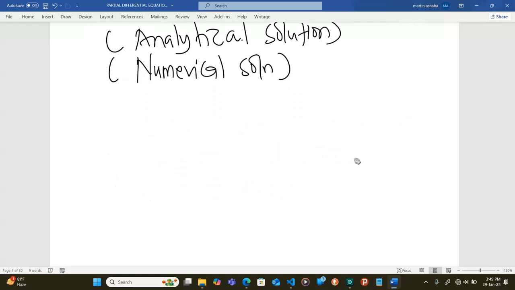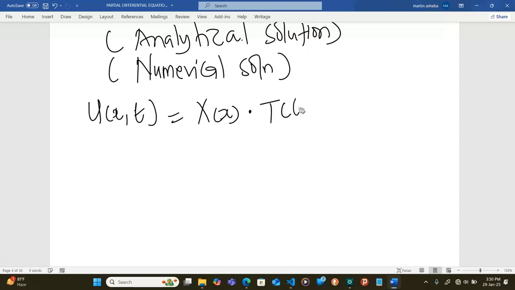So now we are going to say, for example, this heat distribution or heat conduction is going to be defined by two variables: at a particular point x and a particular instant, that is time. So u(x,t) is going to be a function of x times a function of t.